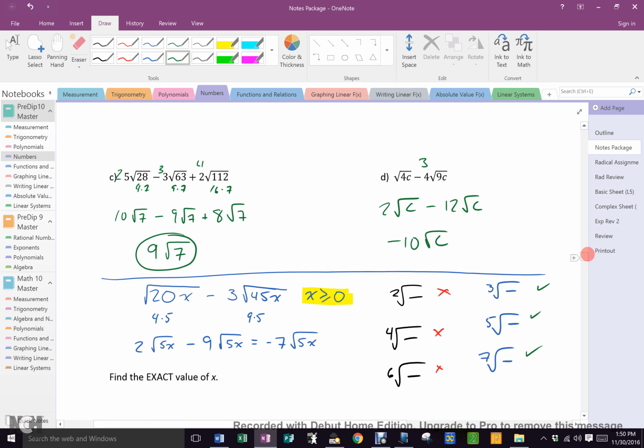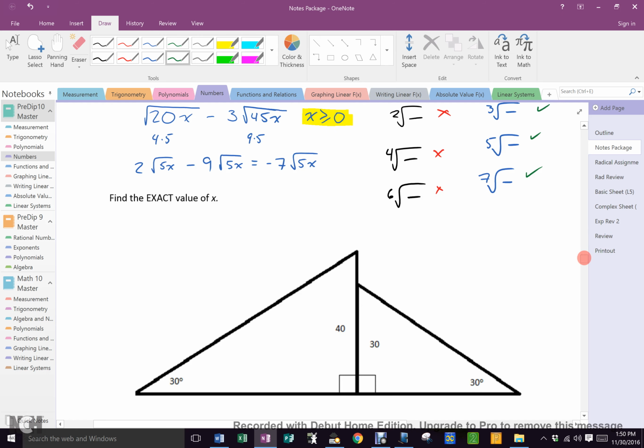All right. Okay. Now, guys, this is actually a really hard question because it makes you have to remember your trig. Yeah, I know, right? And it makes you have to remember your radicals. Now, here is the point I want to make. Whenever you see exact in math class, is your calculator coming out? No. Why? Because your calculator gives you estimates.